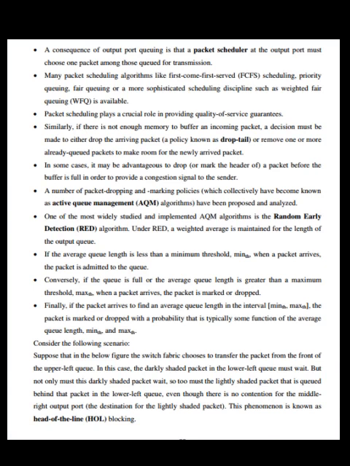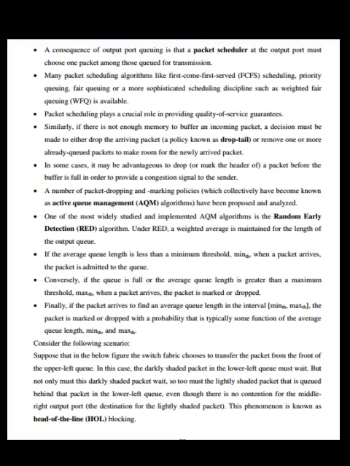Consider the following scenario. Suppose that in the below figure the switch fabric chooses to transfer the packet from the front of the upper left queue. In this case, the darkly shaded packet in the lower left queue must wait, but not only must this darkly shaded packet wait, so too must the lightly shaded packet that is queued behind that packet in the lower left queue.